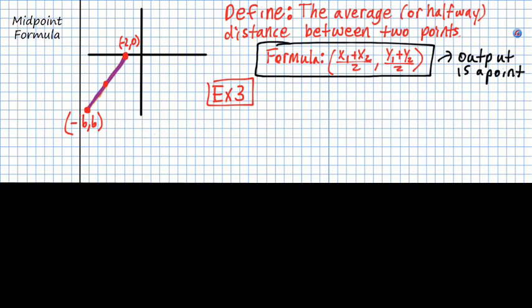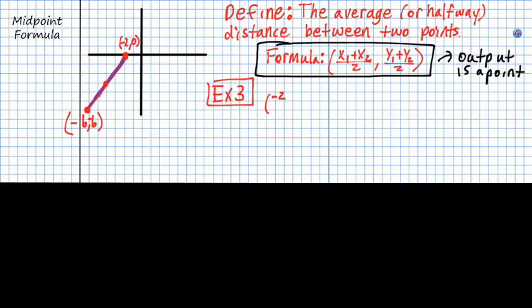Alright, so if we take our example, example 3 will be using our diagram over here to the left. So if we have these 2 points, negative 6, negative 6, and then negative 2, 0. Well, I know that my formula states that we're going to use x1 plus x2.